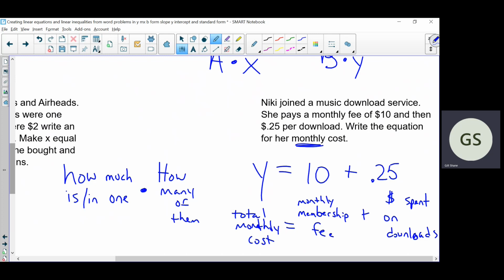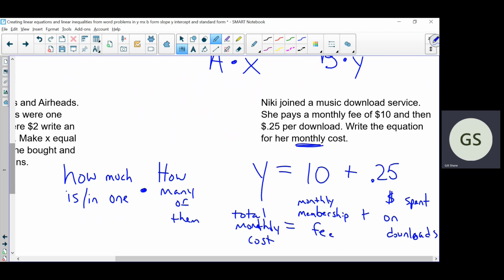How do we represent how many downloads? How much one download is, is easy. That's 25 cents. How do we represent how many downloads? Do we know it? So what do we do when we don't know something? What do we use for an unknown?